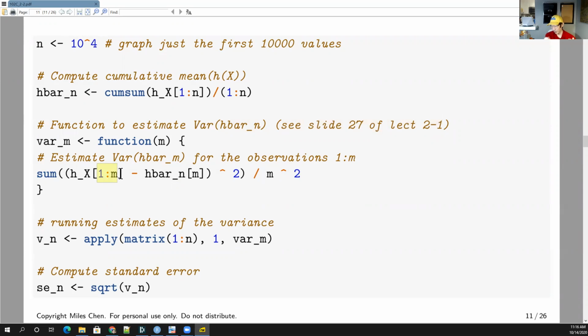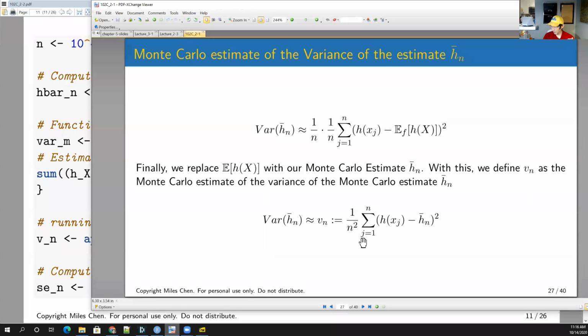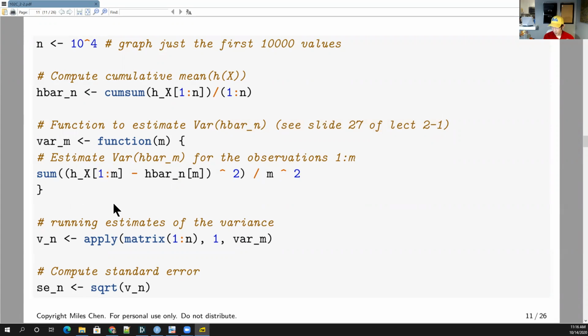Because I could get this easily if I just pick a number, but we can just say, what if I want to do it for the first 100 terms or the first 200 or the first 1,000 or things like that. And so the estimate of the variance is going to be basically the sum of, and then all of this here, each value 1 through m.